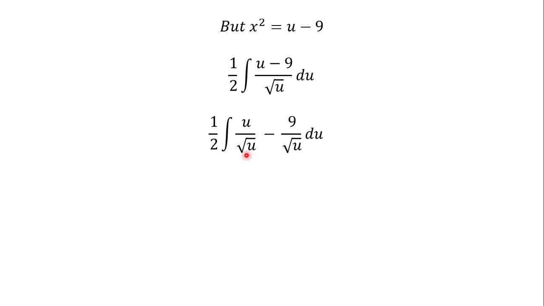Why? Because now this denominator and this denominator are the same, so there's no need to find the LCM. Just write one of the denominators and then either add or subtract the numerators. When we do that, it's the same thing as this one. So sometimes when it is given in this form, you can split it to this form so that you can easily work on them. Okay, good. So u over square root of u minus 9 over square root of u du.